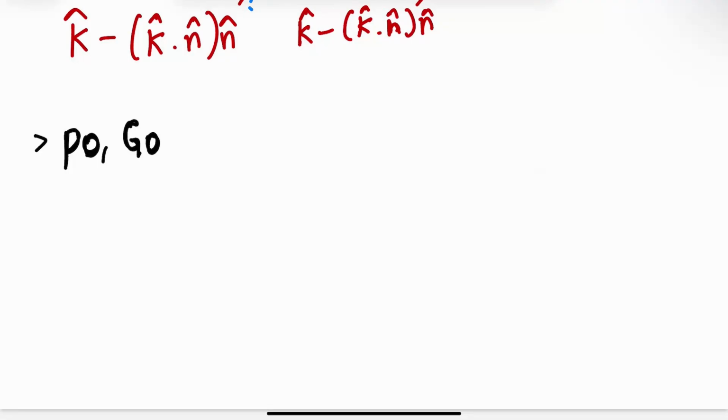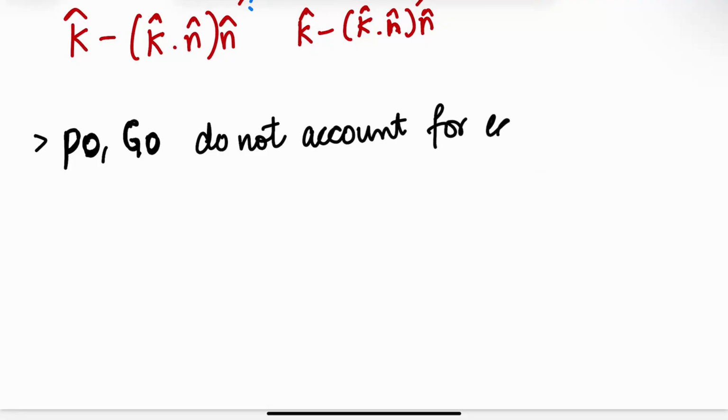So PO and GO do not account for edge diffraction. It's important to remember that. So what does that mean?